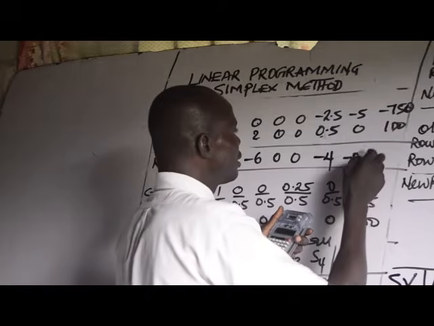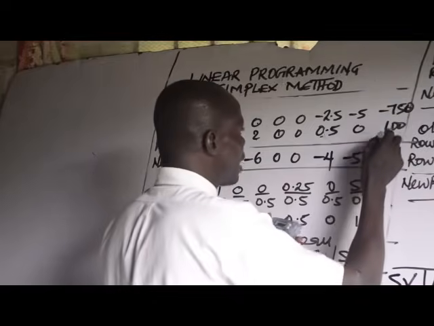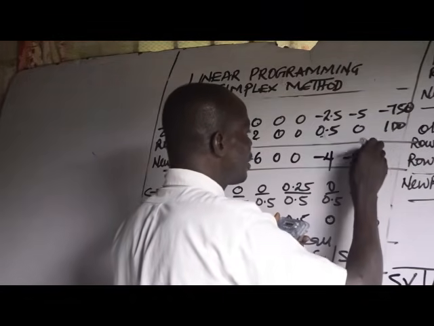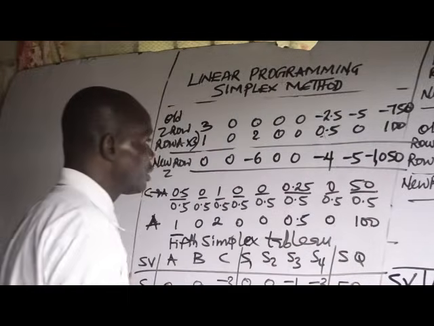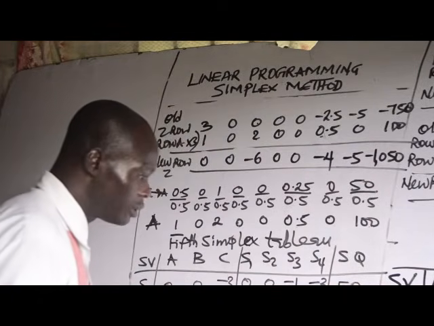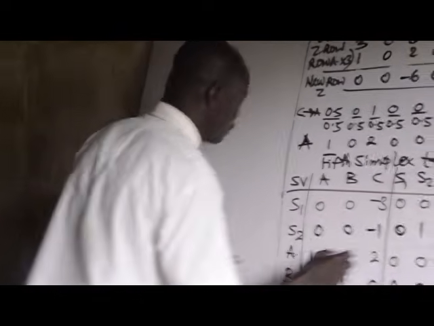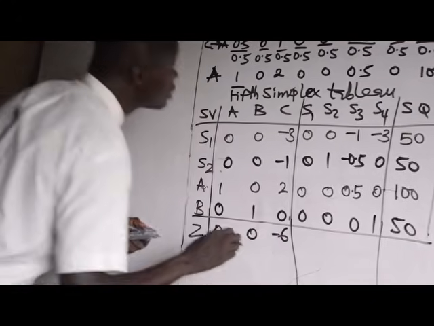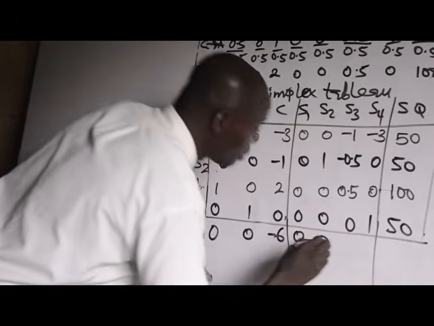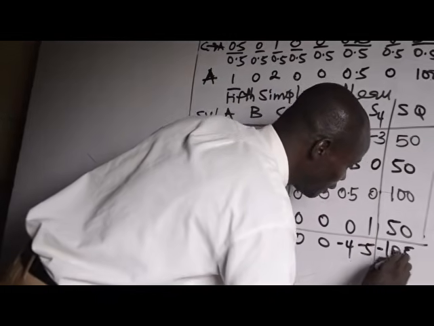Minus 750 minus 300, that will be minus 1050. That is our new Z row. So we have 0, 0, minus 6, 0, 0, minus 4, minus 5, and minus 1050.